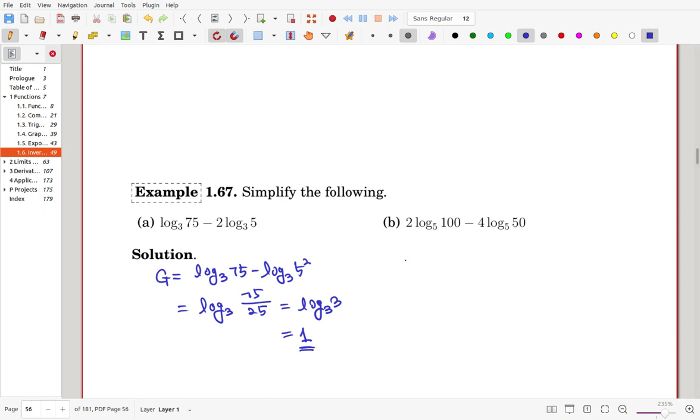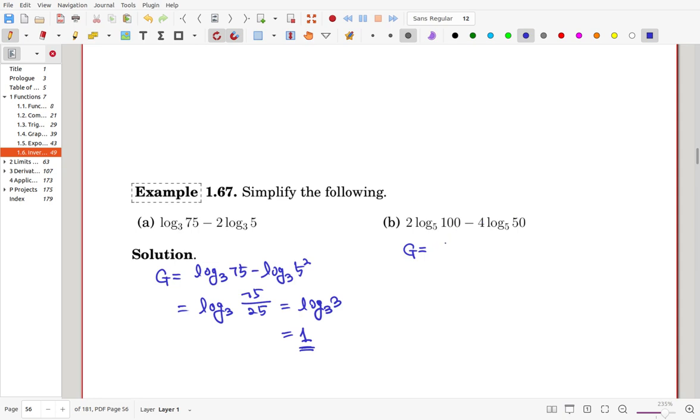Now let's go to part b. The given terms can be written in this way. We'll put a power, or you can put 2 outside, and the power 2 can go up.